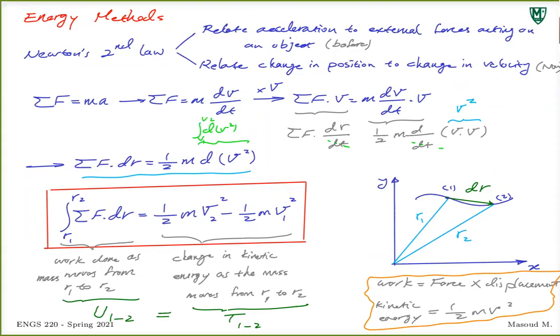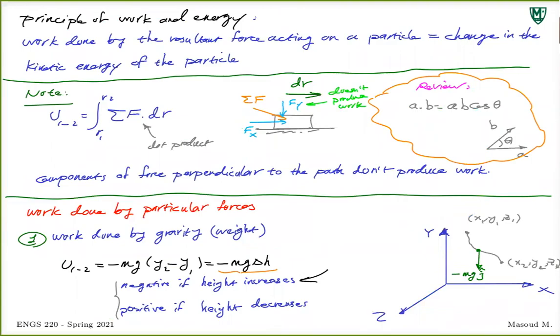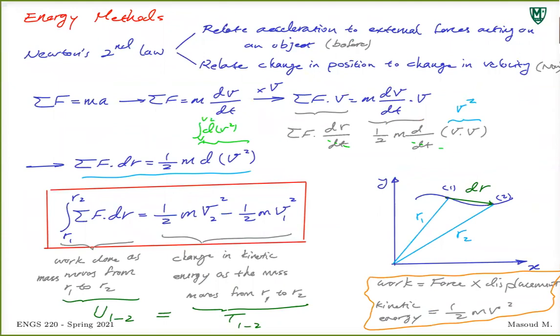We said work done, and this is the principle of work and energy, and what the equation in the red box says is that the work done when the particle, and in this case we're still talking about a particle, though this can be extended to rigid bodies, moves from 1 to 2 is equal to the change in kinetic energy during that motion.